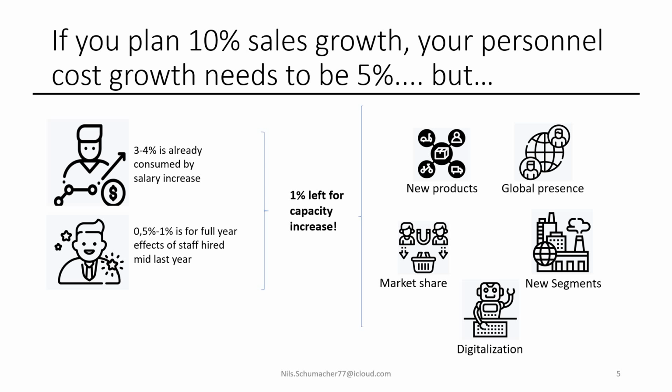Most likely there is a lot more, but just as an example, all of these different activities of course increase complexity and put a burden on the overhead costs and the overhead capacity. So it's for you to decide whether a 1% capacity increase is enough to cover all of these issues and achieve really growth of 10%. Not once, but every year.